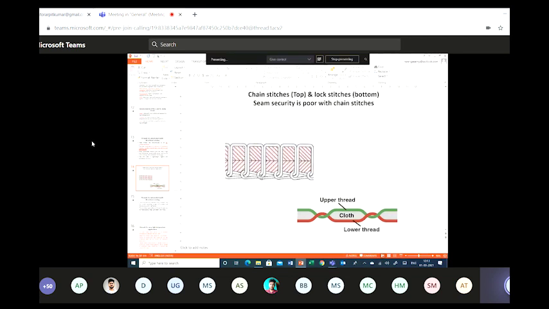If the thread has some amount of loops, what happens? There will be more friction between the thread and the fabric. Even if there is a cut, it is able to withstand. Now, if it is a monofilament or the thread does not have any loops, the thread to thread friction will be very low.